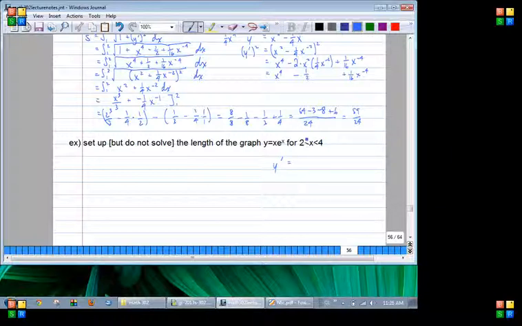Which is, yeah, we're going to have to find the derivative using the product rule. Which is what? e to the x times 1 plus x. Right. So there's y prime. And we're going to need to square it. So I'm not going to worry about actually writing out what it is squared.